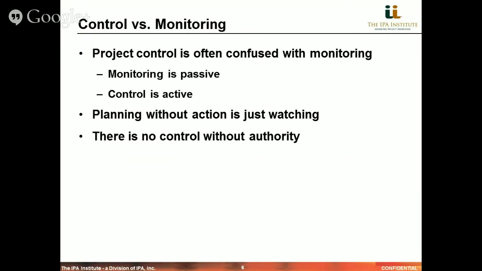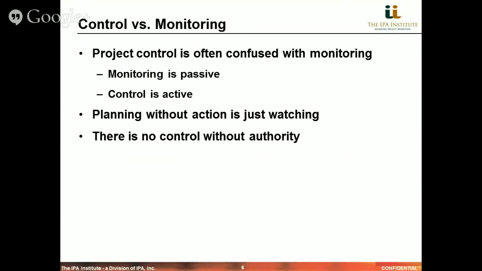When I deliver this to a live audience, quite often I'll use the analogy of monitoring is just watching the train wreck, whereas control is actually trying to affect the process and improve the results, or mitigate the damage from anything that might have changed or disrupted a project.